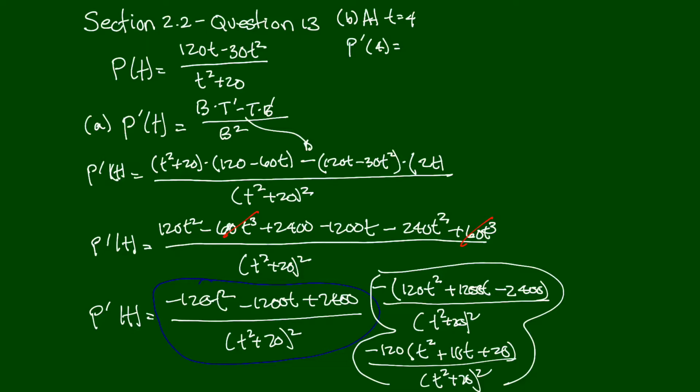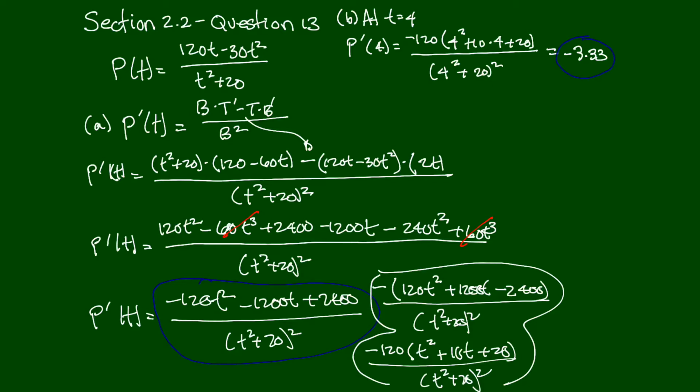So I'm going to put negative 120 times 4 squared plus 10 times 4 plus 20, all over 4 squared plus 20, squared. I did that on my calculator and I came out with negative 3.33.